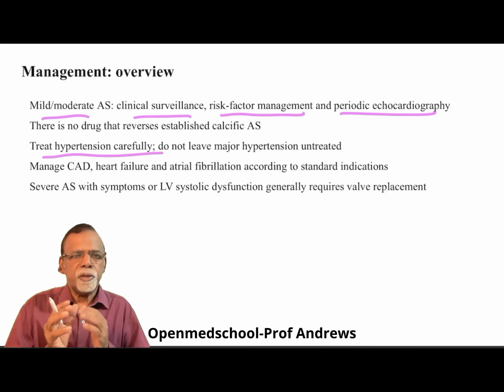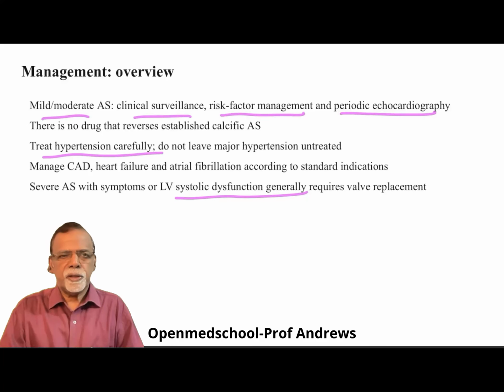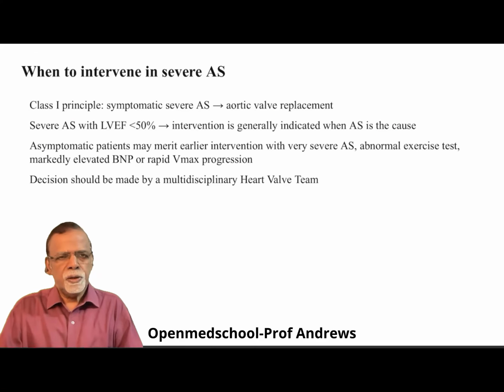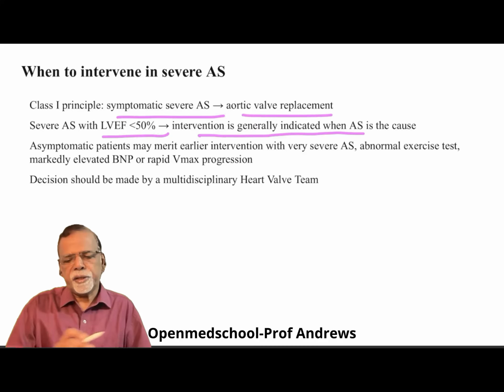Severe aortic stenosis with symptoms or LV systolic dysfunction requires valve replacement. So when to intervene in severe aortic stenosis? Symptomatic severe AS, aortic valve replacement. Severe AS with LV ejection fraction less than 50, intervention is generally indicated.